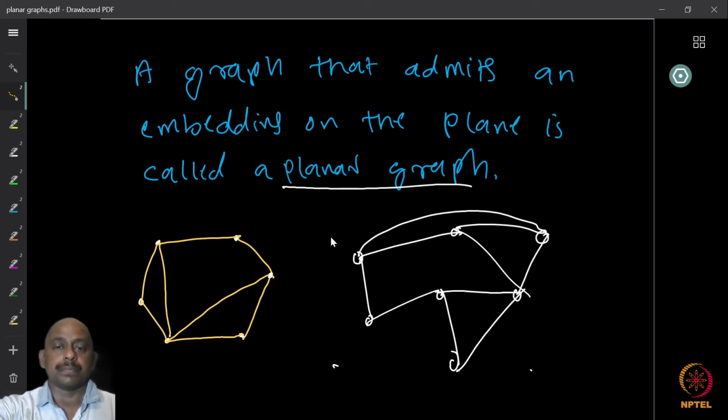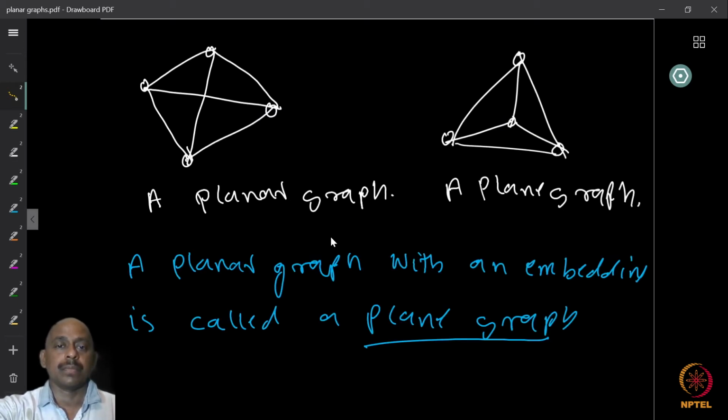Now, a graph can be a planar graph even though the representation that we draw on the plane does not satisfy this embedding property.